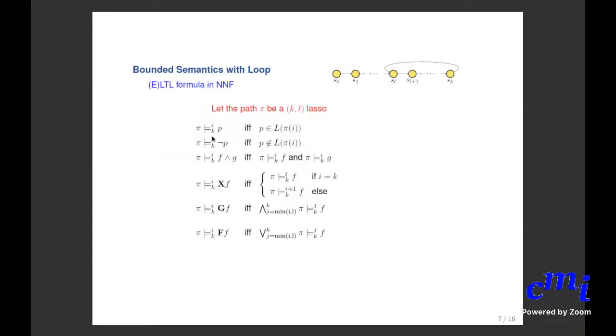Okay, and then you'll see that we will instantiate this with I instantiated to 0.